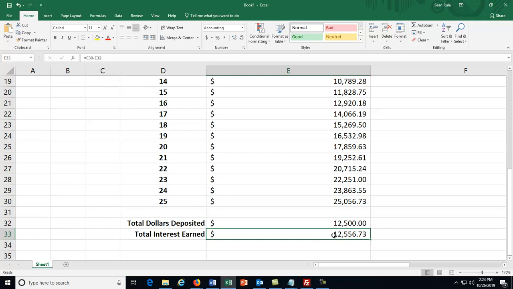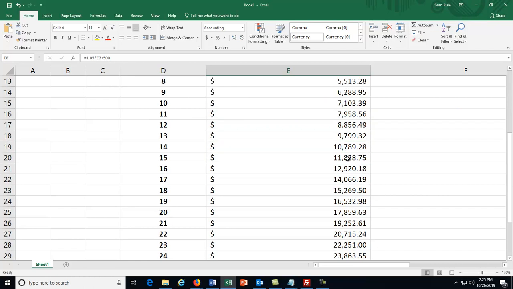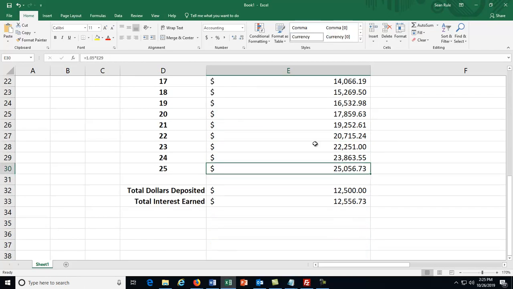Okay? So basically, to recap here, we built an annuity formula by not just increasing the previous amount by 5%, but also depositing another recurring deposit, and that's going to happen every year except for the very last year. The very last year is just going to accrue interest on the previous year.